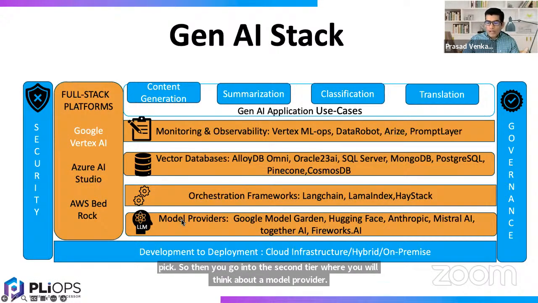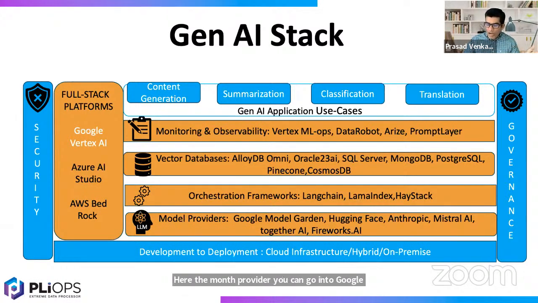Here you can go to Google Model Garden, NVIDIA has the equivalent, or you can go to Hugging Face, where there are very optimized models. Then you pick one and find out, for this model, which infrastructure gives me the lowest cost. That becomes your deciding factor.